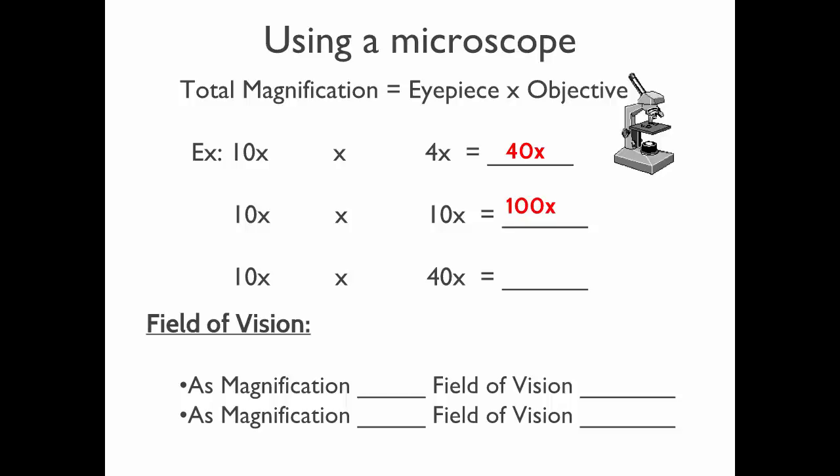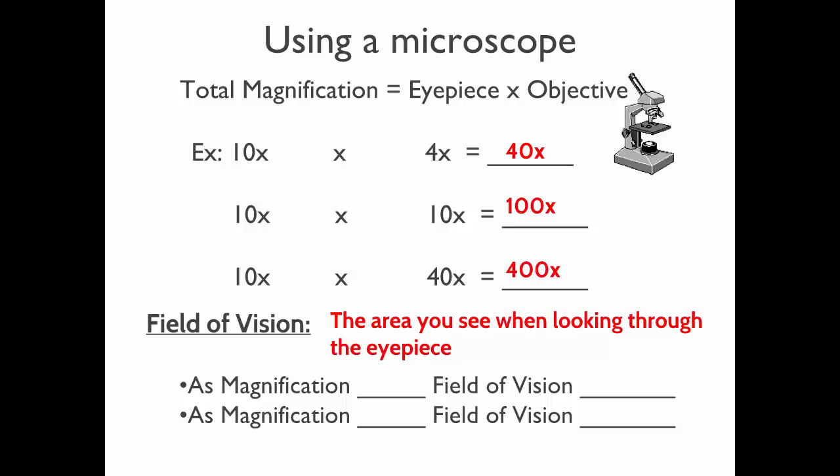And when we have the high power objective selected, Catherine? 400x. So as we switch from power to power, we go from 40x to 100 to 400, and as we zoom in, we see less and less of the object. The field of vision is that area we see. When you're looking through the microscope, the circle you see is the field of vision or field of view.